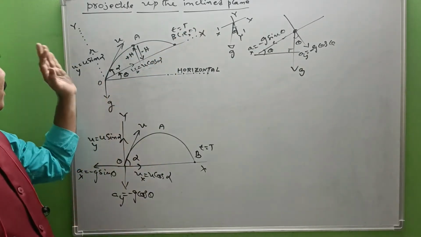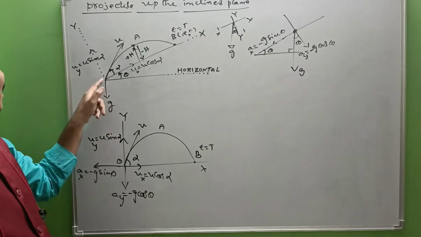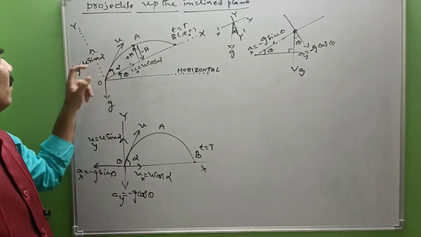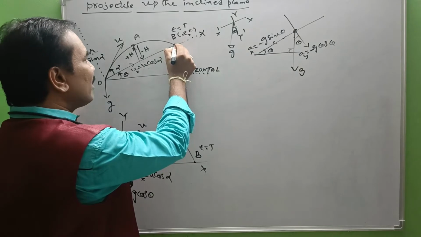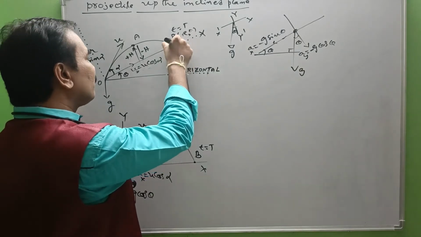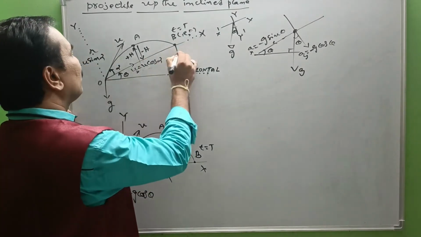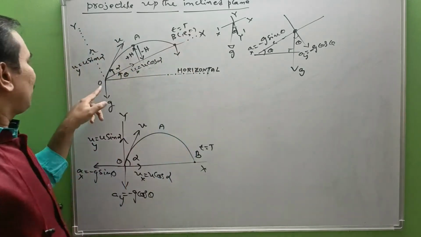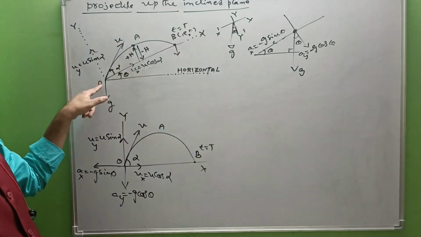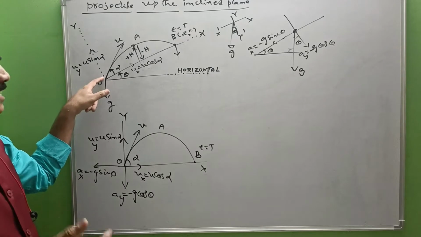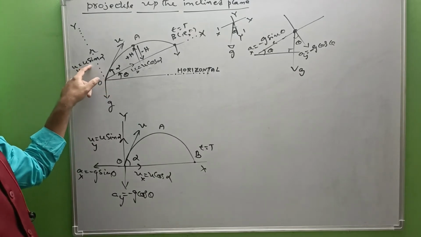So during projection, what is the vertical component of velocity at O? That is u sin alpha. When it strikes the incline somewhere here at point B, it finds the same speed as the body has at point O. So when it is at point O, what is the vertical component of velocity? U sin alpha.